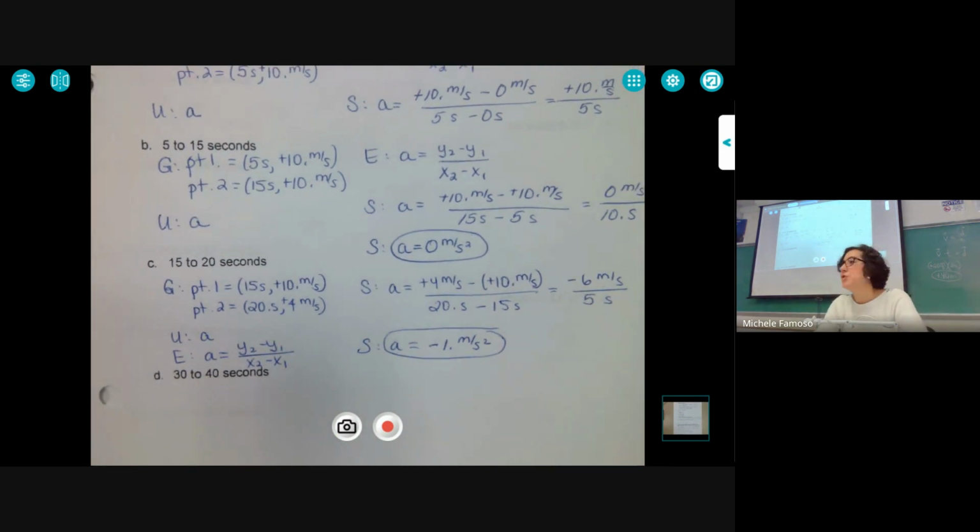Remember, you can't leave answers as fractions. You have to divide through getting answers with proper units, sig figs, and direction. Give you another minute to wrap up question C.